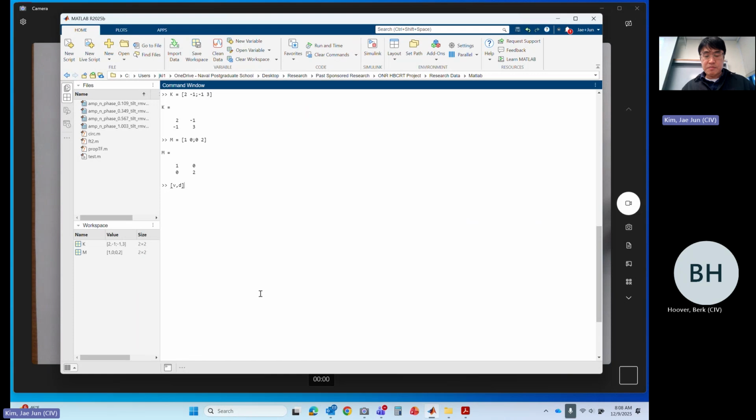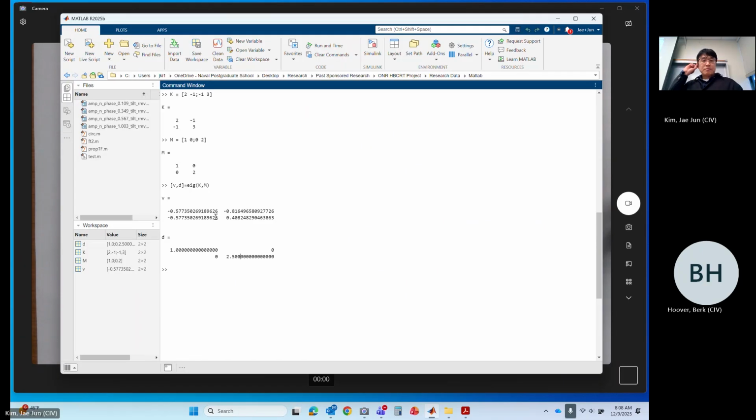Using MATLAB eig, okay, so lambda 1 is 1. So omega 1 is the square root of 1. Lambda 2 is 2.5. Okay, yeah. Okay, so this seems to be correct.